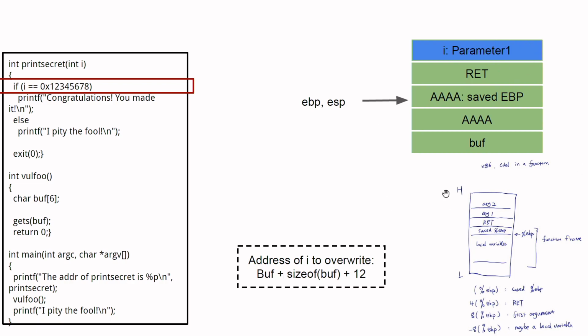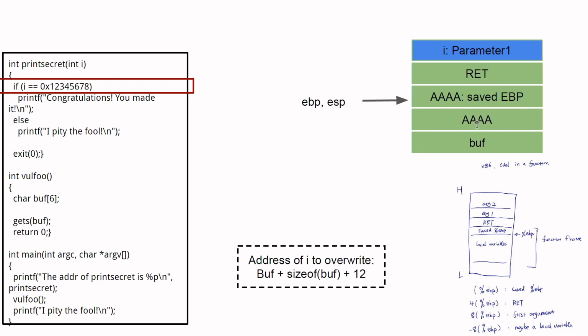So when you overflow this, you are overflowing from which function? You are overflowing from the Overflow function, and it has a buffer here. So you need to overflow from the buffer. This part is the Overflow's saved EBP.